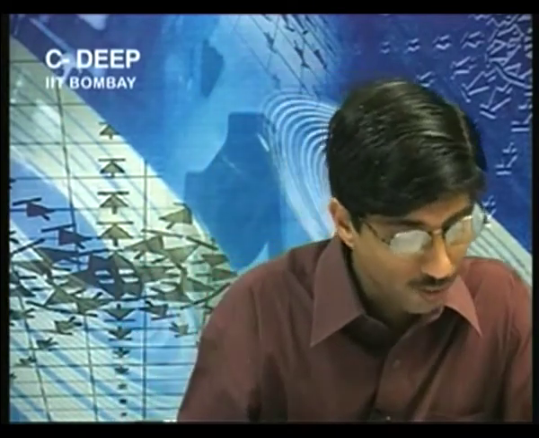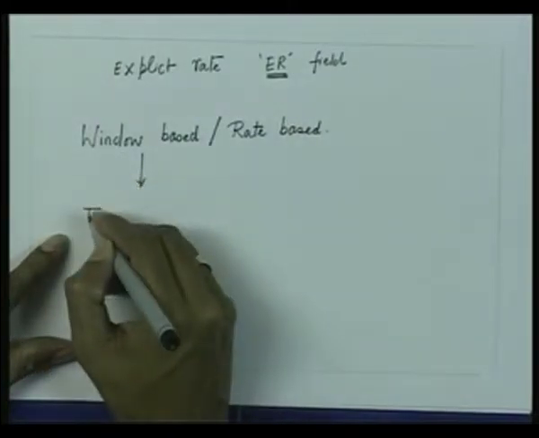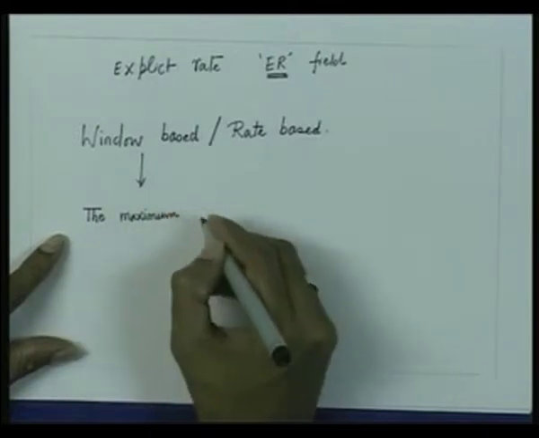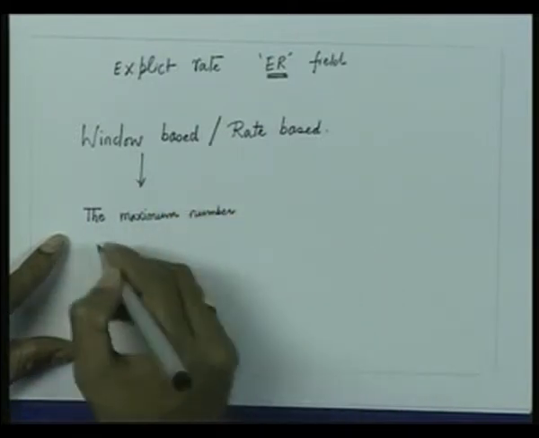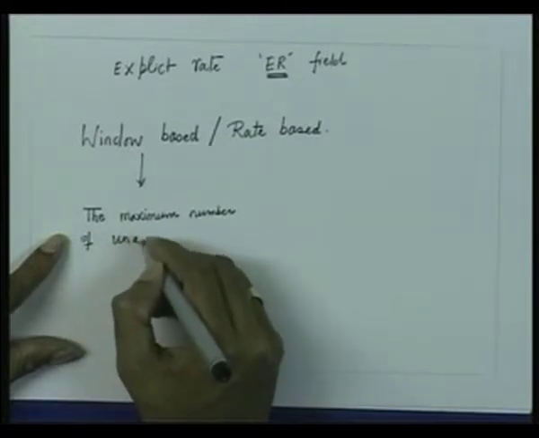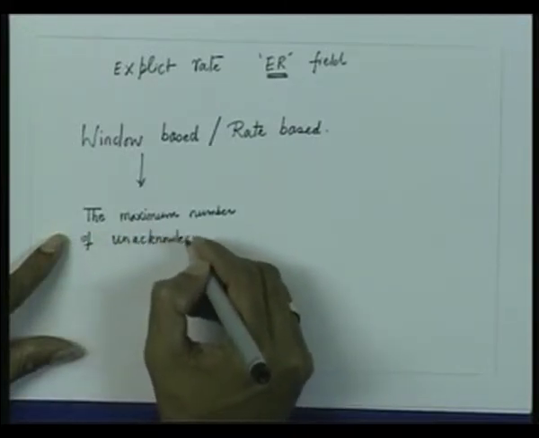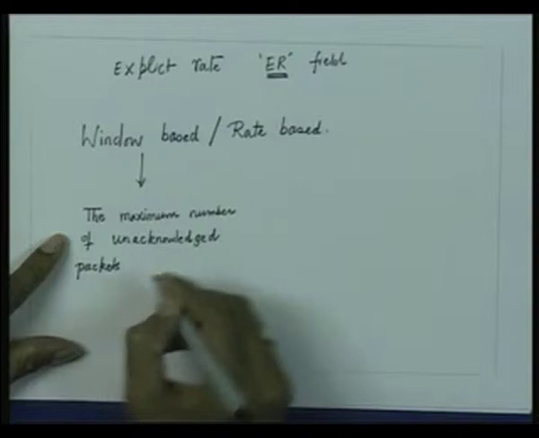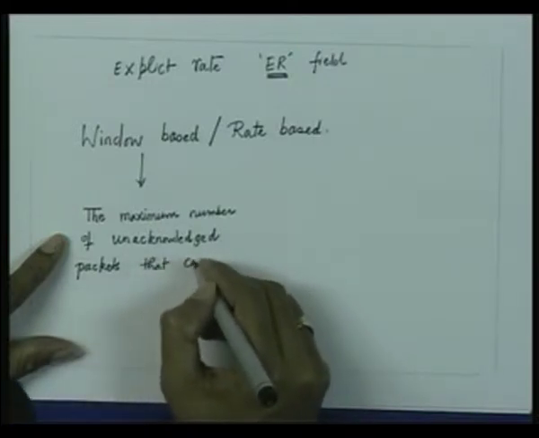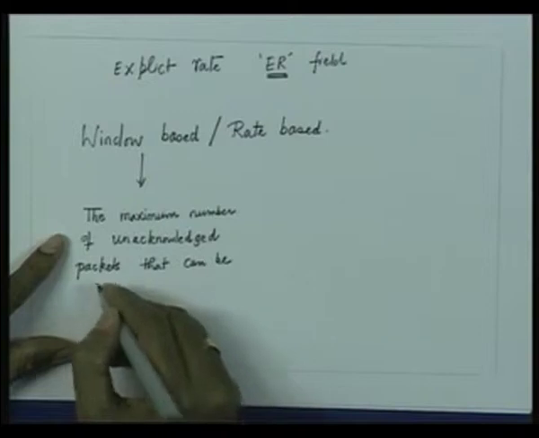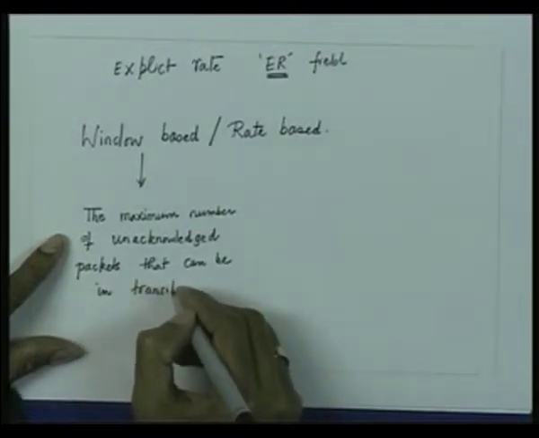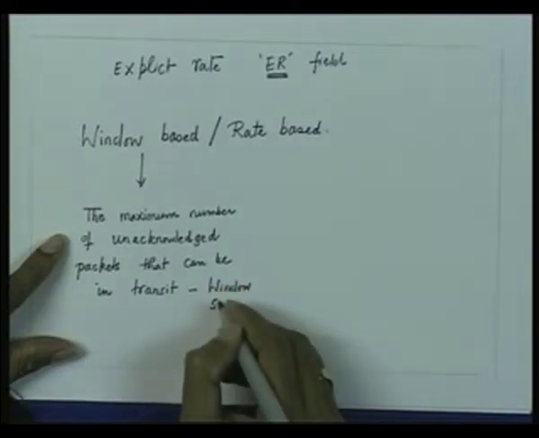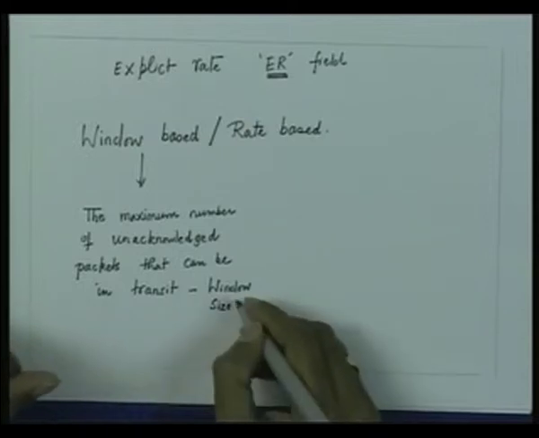So the maximum number of unacknowledged packets that can be in transit is called the maximum window size.